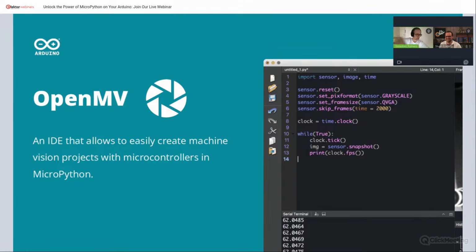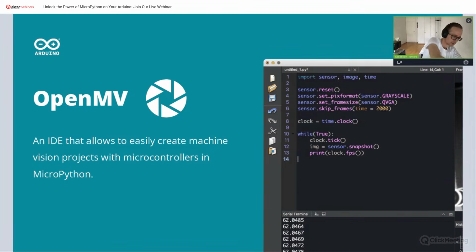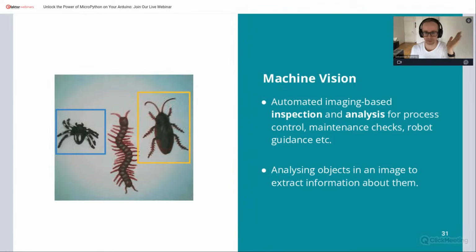Okay, then there's OpenMV, and meanwhile I'm connecting yet another Arduino board. So hopefully I can show you some last demos. OpenMV is, as I mentioned, a specific IDE that allows you to do machine vision in a simple way. What is machine vision?